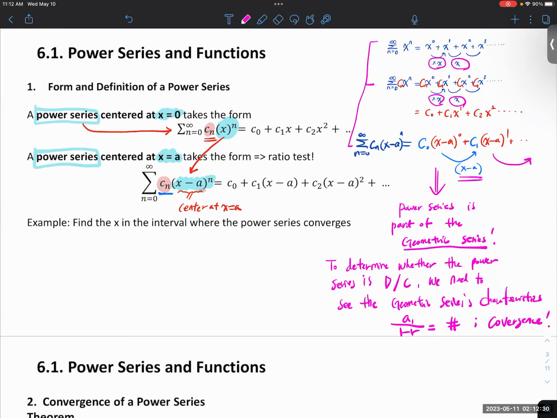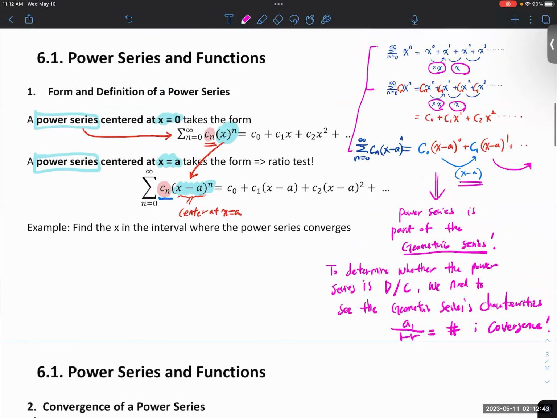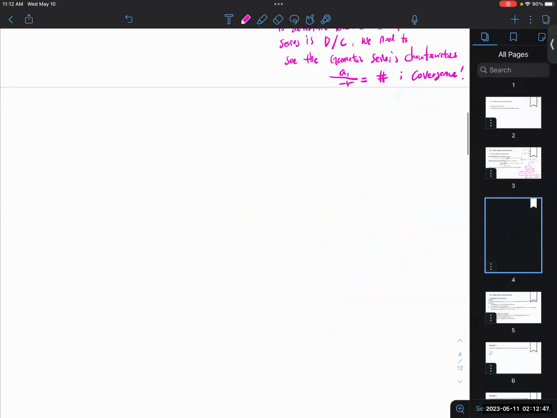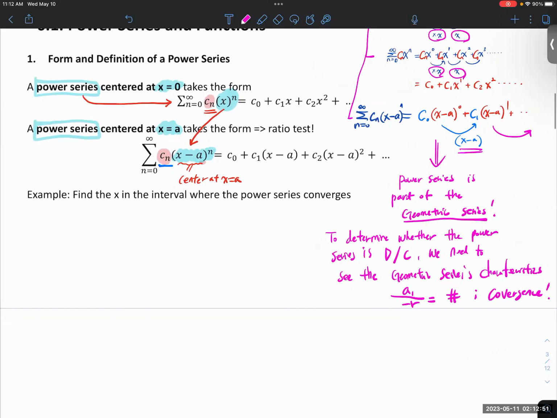Does it make sense? Especially a over 1 minus r, if you have a particular number as that outcome, it is convergent. So let me give you the real problem based on that concept. That's a little bit of concept you need to recall.